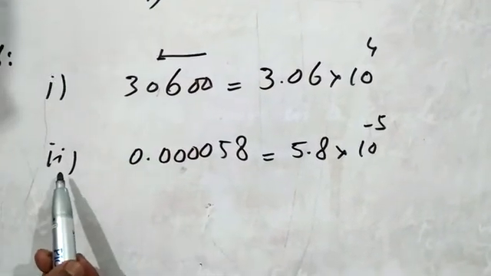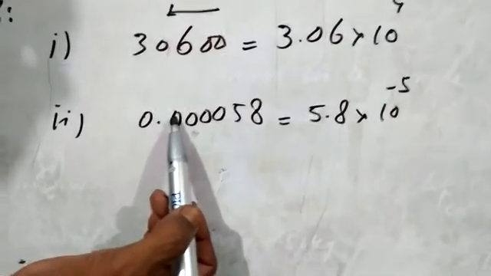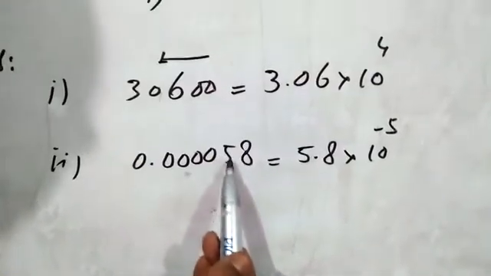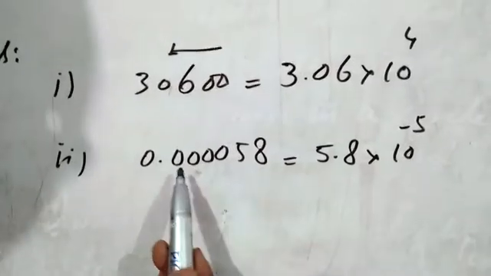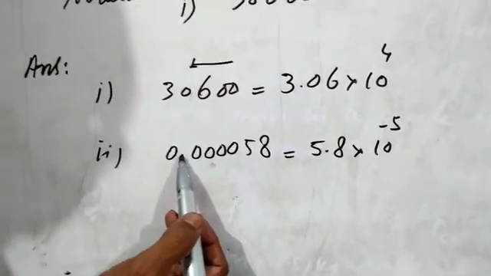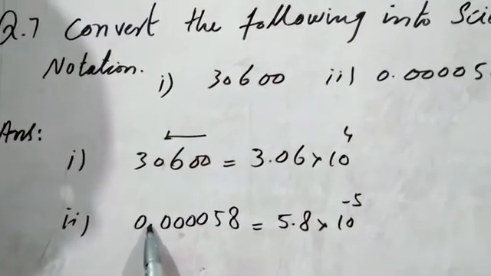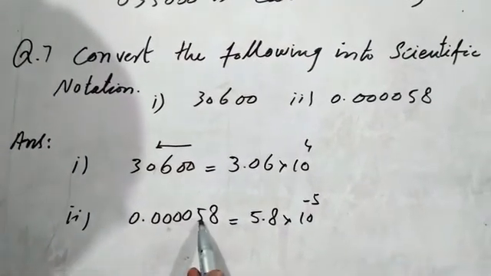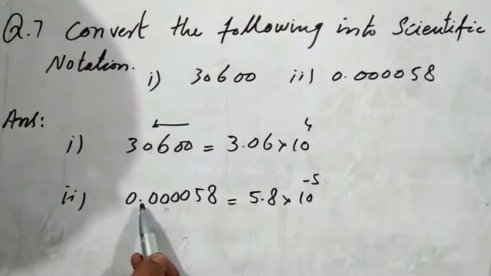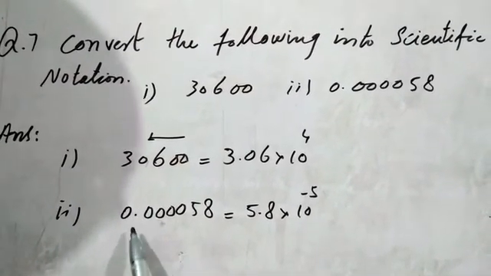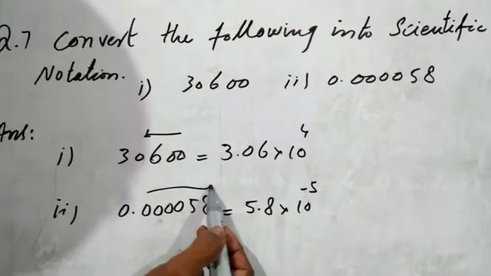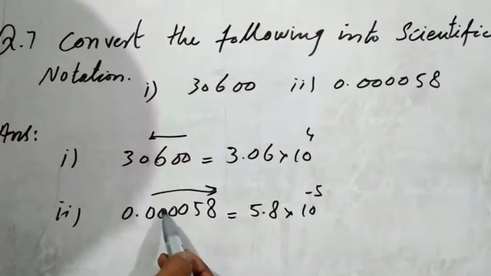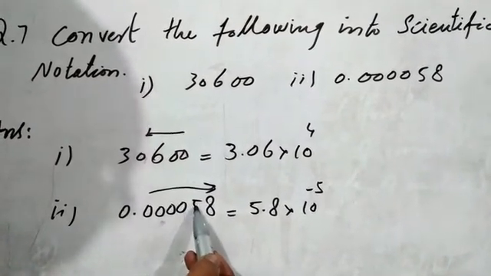In part 2, 0.000058, here is the position of decimal. So we have to take this decimal between 5 and 8. So this decimal will travel to the right side as 1, 2, 3, 4, 5 digits.